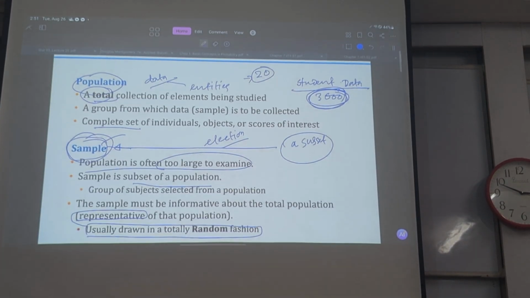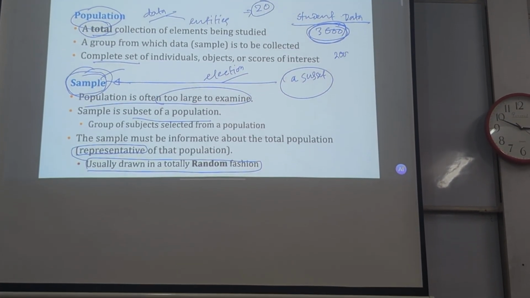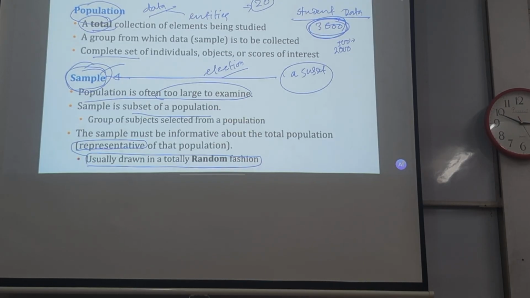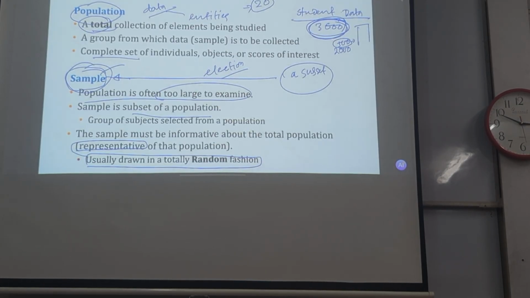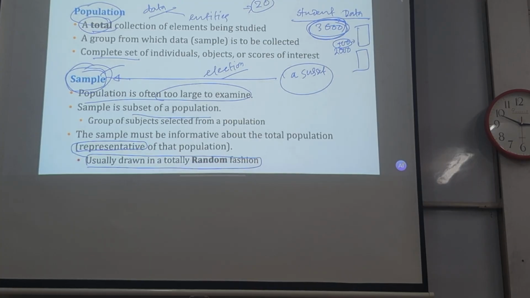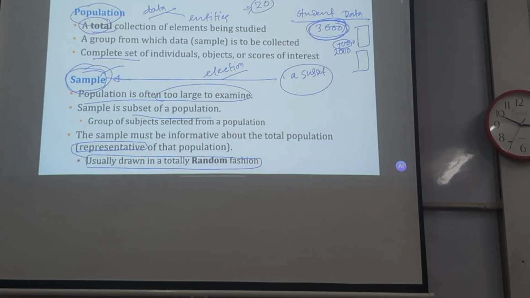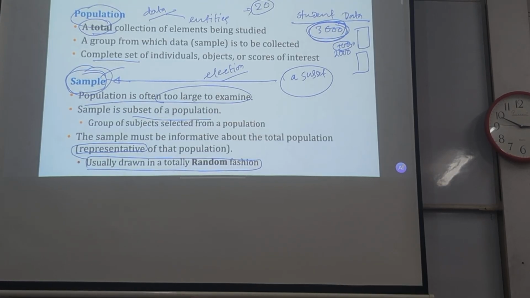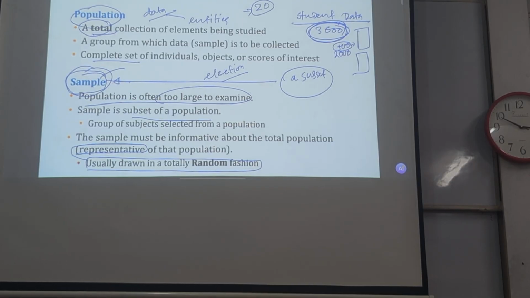For example, here we have 2,000 Bangladeshi students and say 500 international students. Among these 500 students there are certain communities. Sample elements will be selected in such a way that there is always a proportional representative in the sample. Then this sample will represent the whole population.